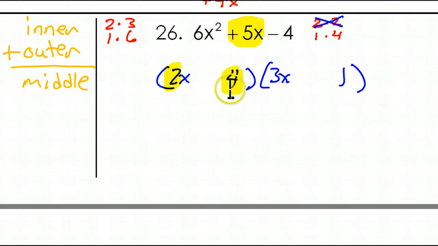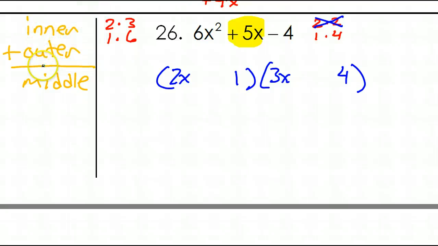Both of these are divisible by 2. So don't waste your time on options that involve a GCF. Instead, you will save time by skipping those and going straight to the other option, 1 and 4. So if this is going to work at all, it has to be this way. So let's check it out and see.